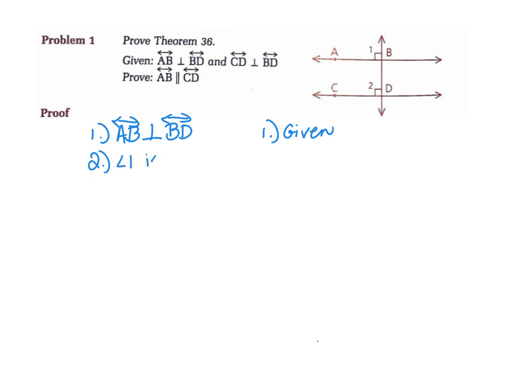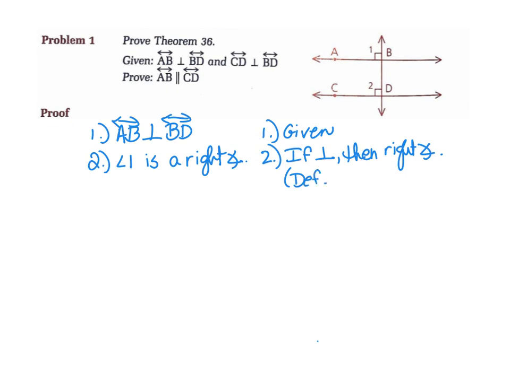Angle 1 is a right angle. And my reason here is if perpendicular, then they form right angles. I could also write definition of perpendicular because that's essentially exactly what I wrote.